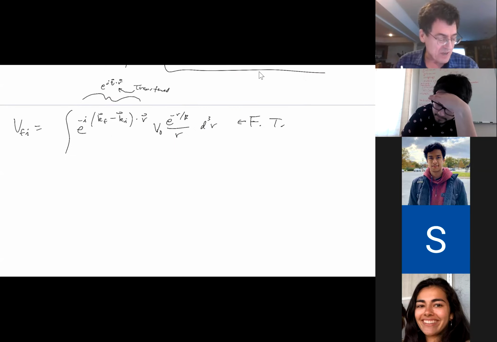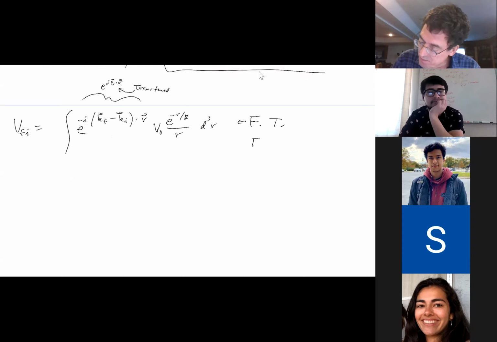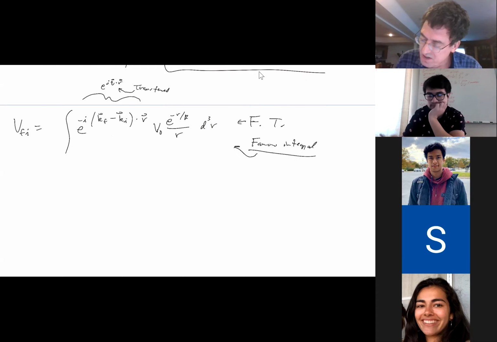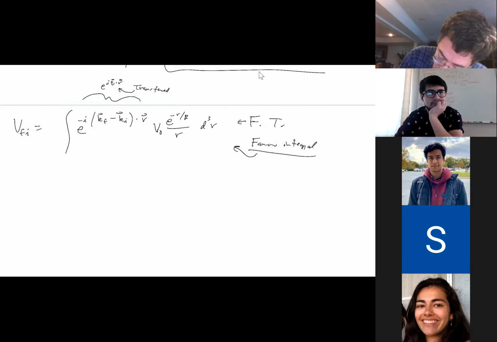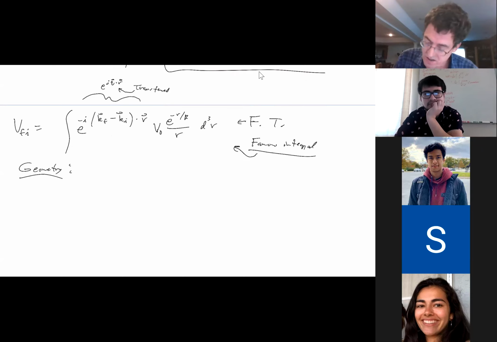I think what I'll do is try to set it up for you a little bit. It's a famous integral, because this integral pops up in some other parts of physics. So let's do it. There's some geometry. I want to set it up for you because you can see it in your book, but it's kind of confusing when you see it for the first time.